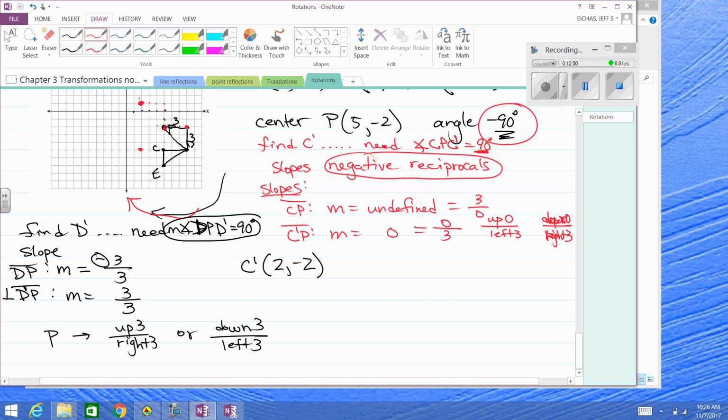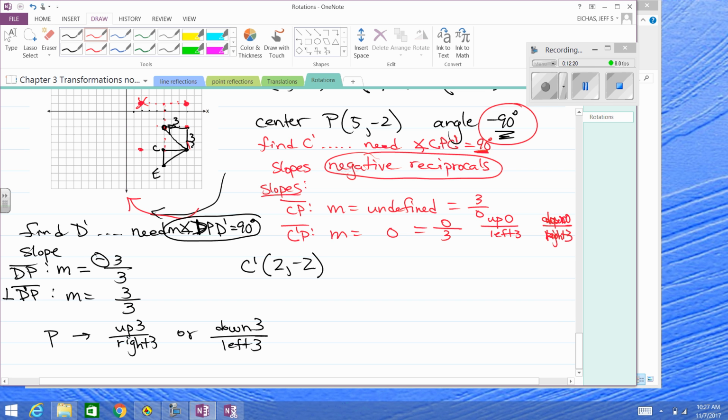Oh, I'm sorry, I messed up the first one. I said up 3, right 3. It's one of these two. I apologize. So from P, we either have to go up 3, right 3, or down 3, left 3 to find the new location for D prime.